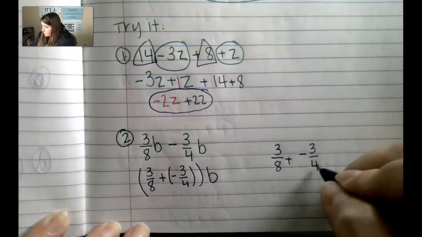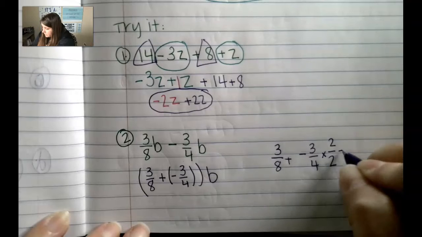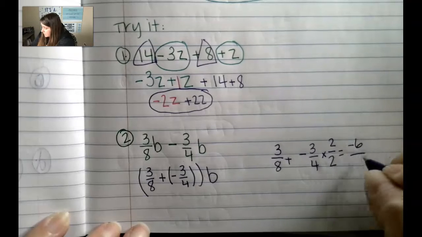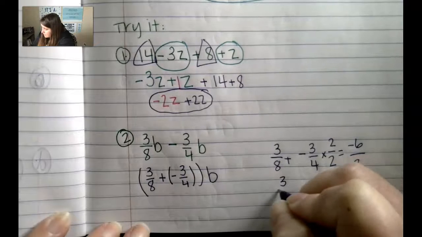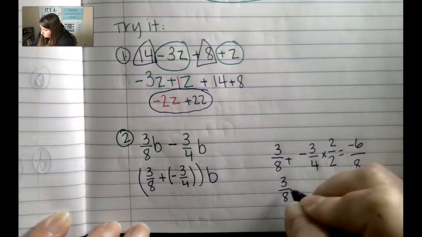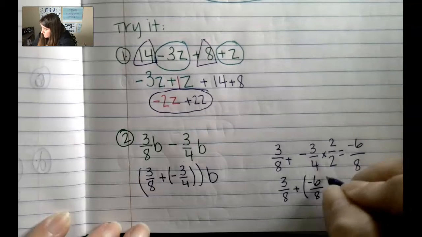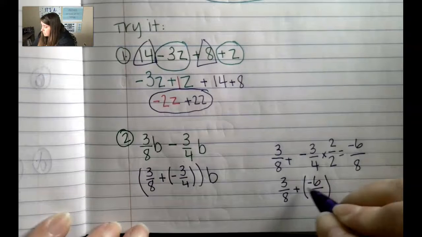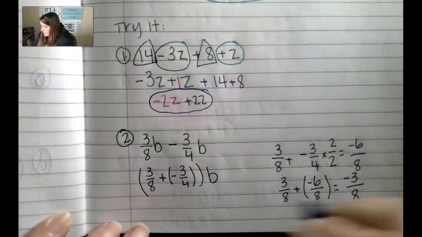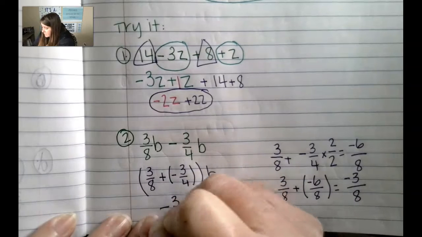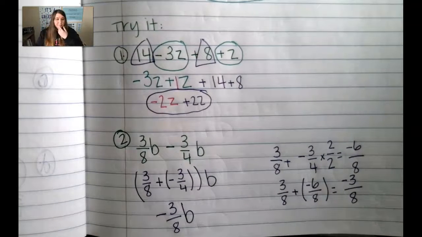I know that 4 can become an 8 when I multiply by 2. So this gives me negative 6/8. So I have 3/8 plus negative 6/8. So 3 plus negative 6 gives me negative 3/8, and I have the b. So my final answer is negative 3/8 b.